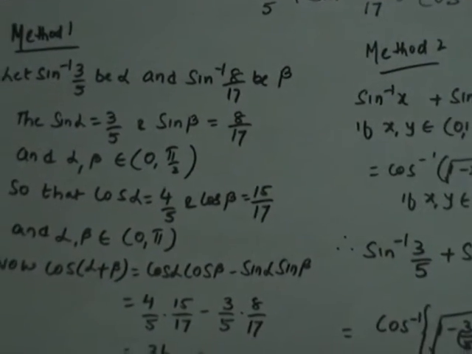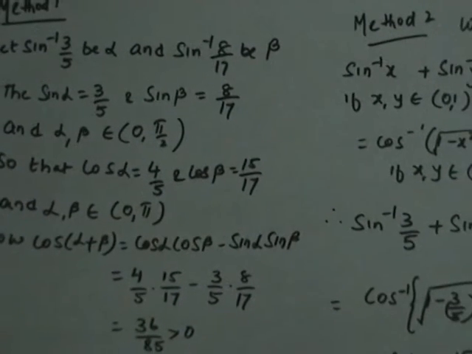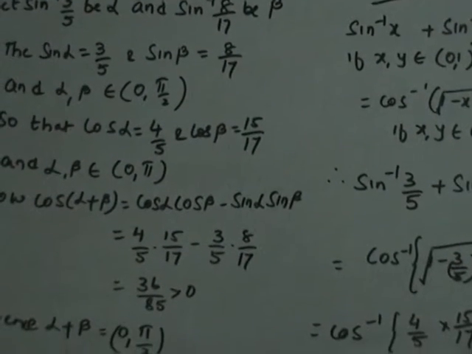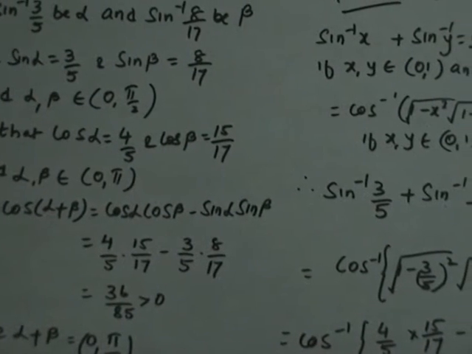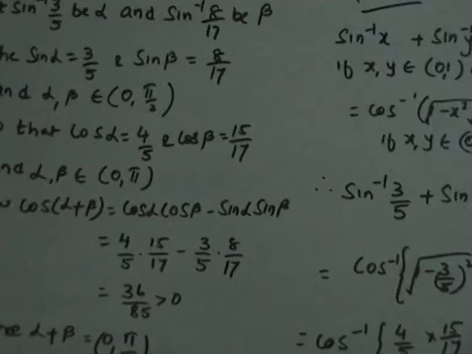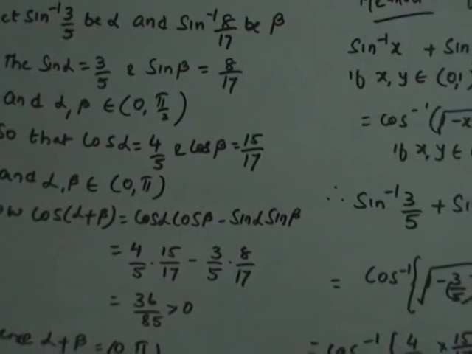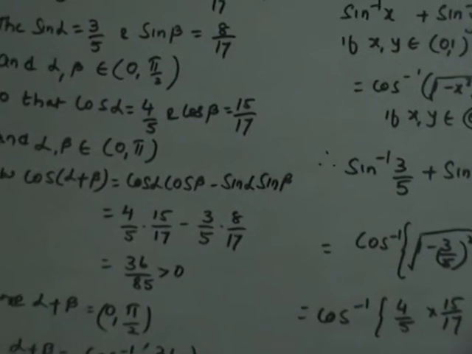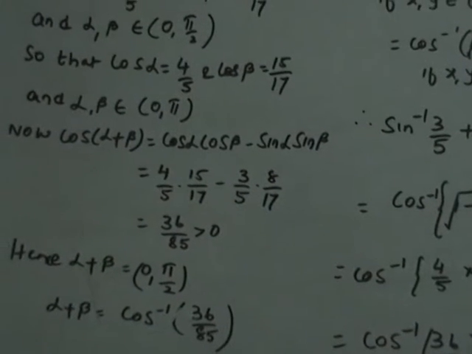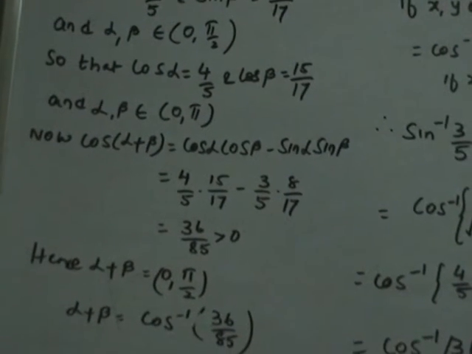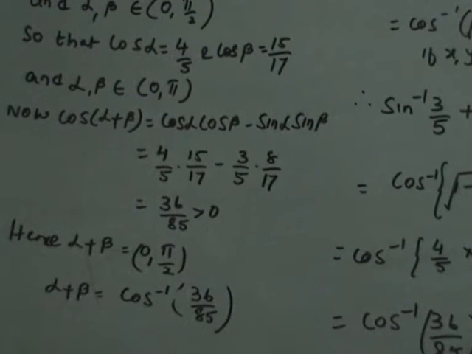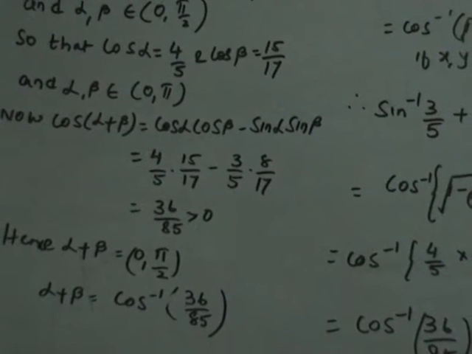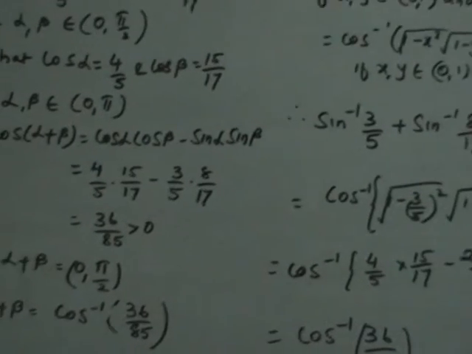Cos of alpha plus beta is nothing but cos alpha cos beta minus sin alpha sin beta, that is 4 by 5 into 15 by 17 minus 3 by 5 into 8 by 17, which is 36 by 85, which is greater than 0. Hence alpha plus beta lies between 0 and pi by 2. Alpha plus beta is nothing but cos inverse 36 by 85.